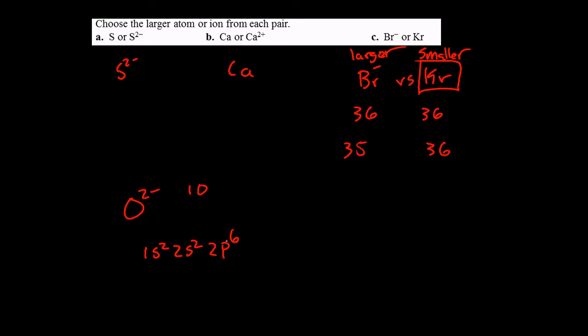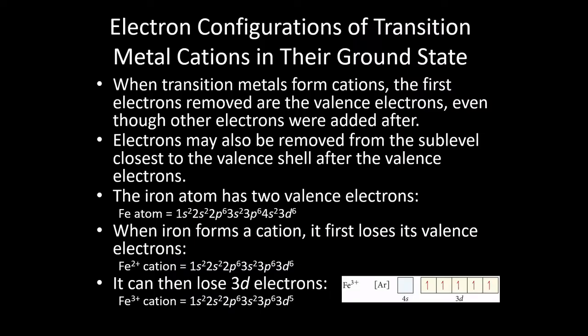So with anions, it's pretty straightforward. Just however many extra electrons you have, just tack those on to the end like normal. With cations, it is sometimes a bit different. With cations, if you have something that has lost electrons, those electrons didn't just disappear from existence.